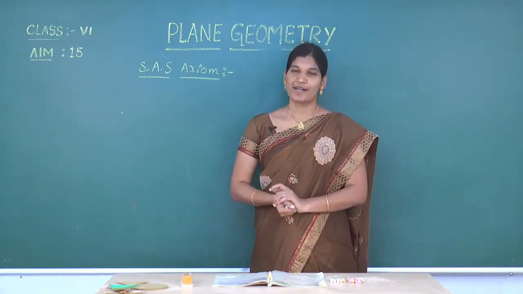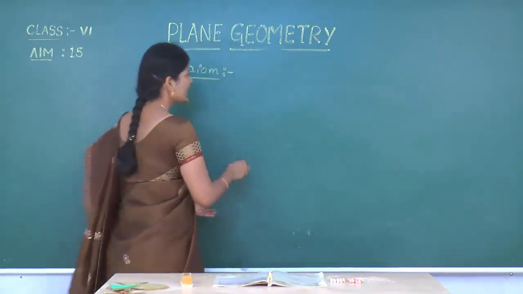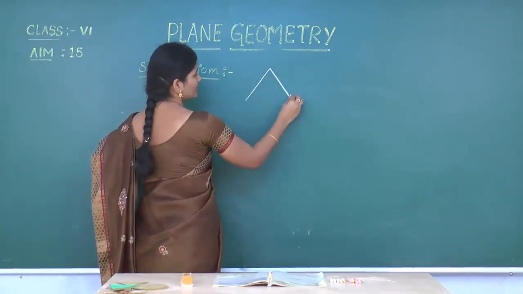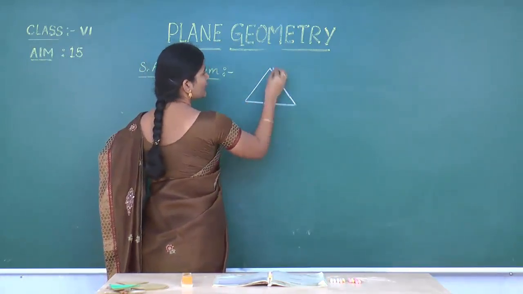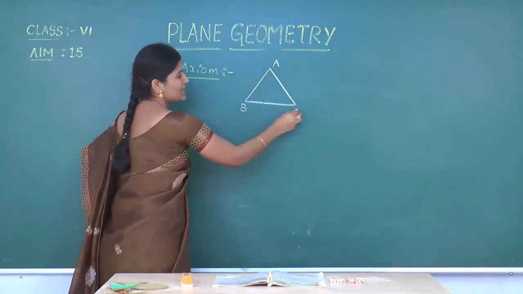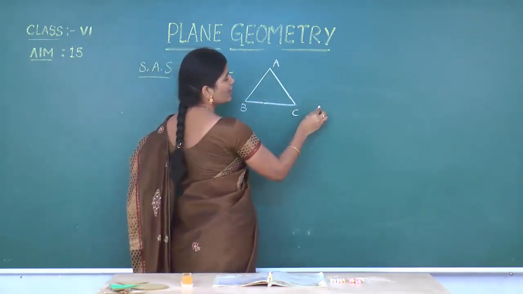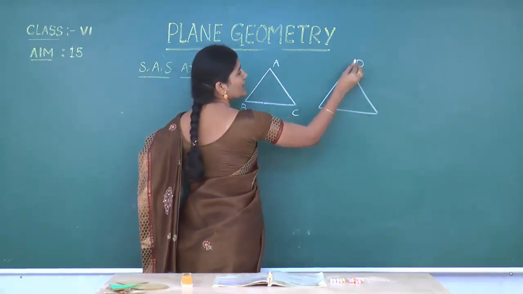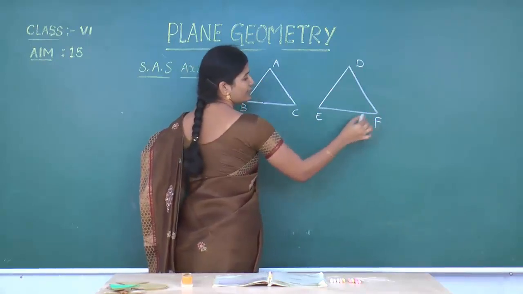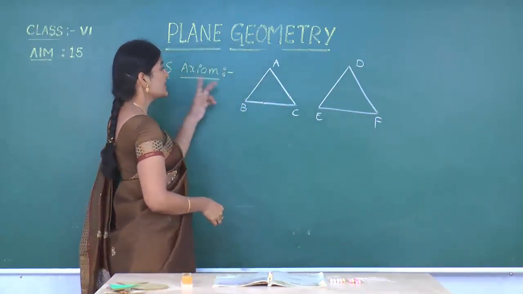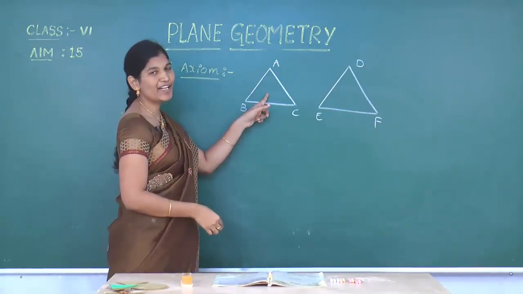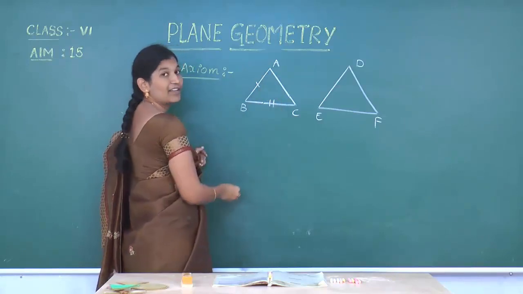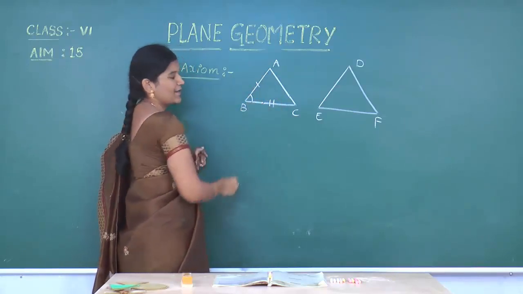Let me show you diagrammatically. Now here I am going to take two triangles: triangle ABC and one more triangle, DEF. Two sides and included angle: here I am going to select this side and this side, and the included angle is this one.